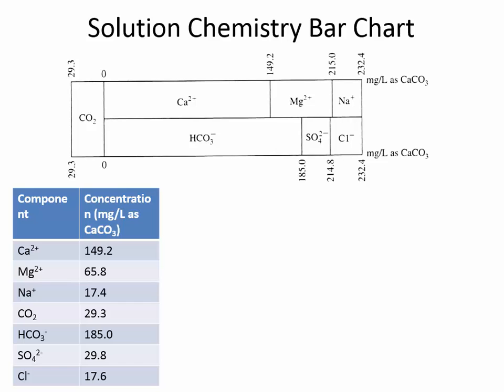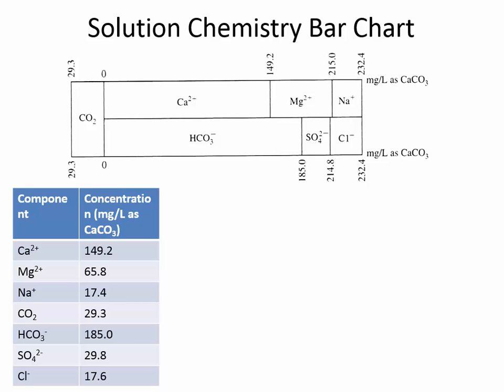And then the amount of magnesium that's present, you just subtract the 215 and the 149.2. And so 215 minus 149.2 is going to be 65.8 milligrams per liter as CaCO3. So that's how much magnesium there is, and likewise with the sodium, you just subtract the beginning and the end, and that tells you how much is in the solution.